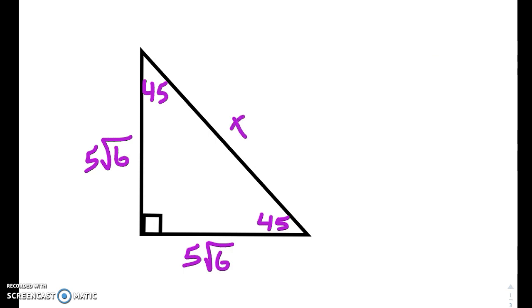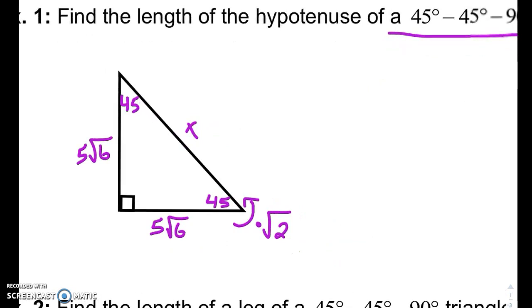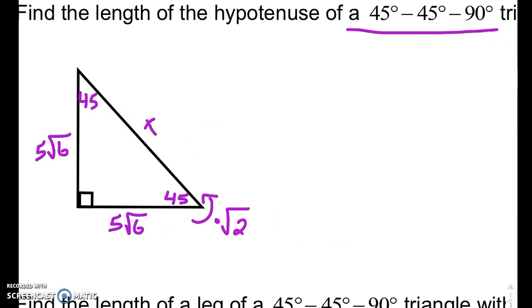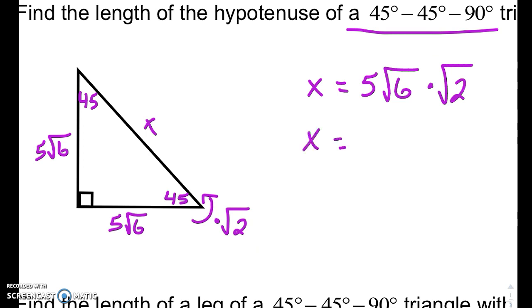We want to know the hypotenuse. So we are moving forward, so we times by radical 2. In order to find x, we take a leg, 5 radical 6, times radical 2. And then we multiply those. So 5 radical 12.